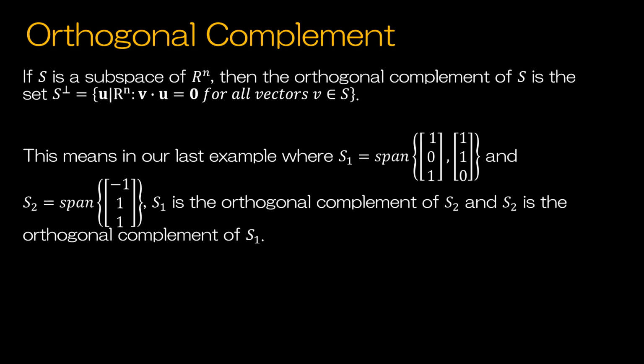This is called S perp, which just means it's the set of all vectors perpendicular to the subspace defined by S. So all of the vectors U such that the dot product is going to be 0. In our last example, where we determined that S1 and S2 were orthogonal subspaces, we can say that S1 is the orthogonal complement of S2 and S2 is the orthogonal complement of S1.